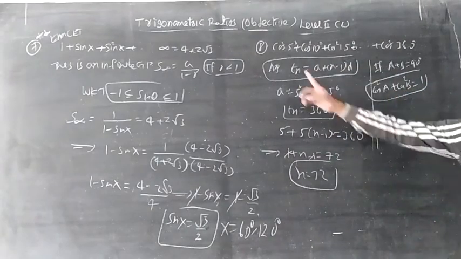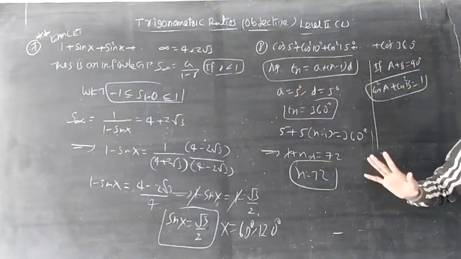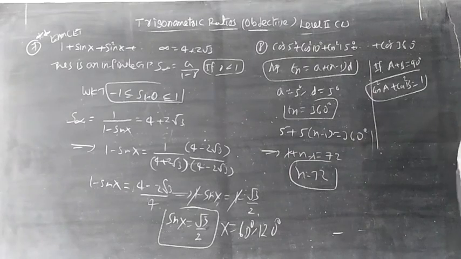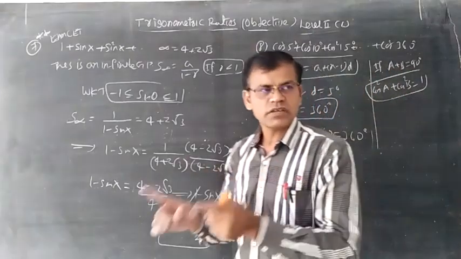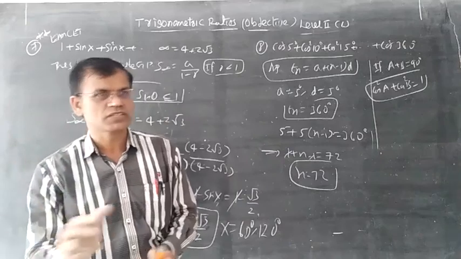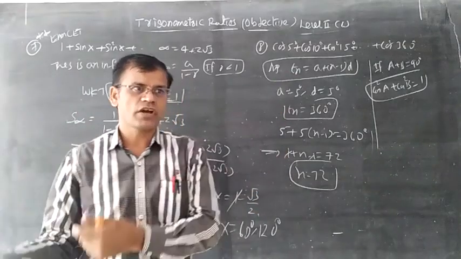Are you able to understand? 5 is there, then 85 should be there. So 5 plus 85 becomes 90, and the value becomes 1. And 10 is there, 10 and 80 is 90, that is the second pair. Next, like this, 15 and 75 should also be there.